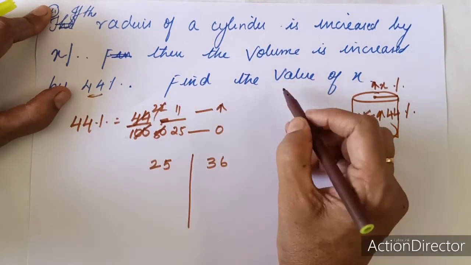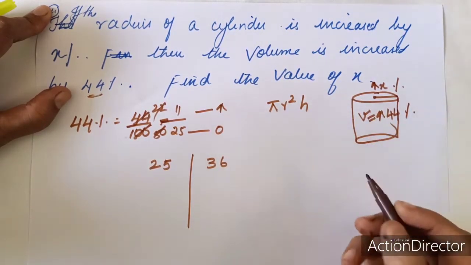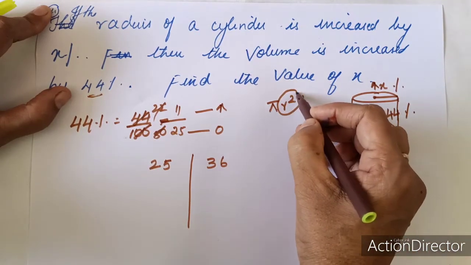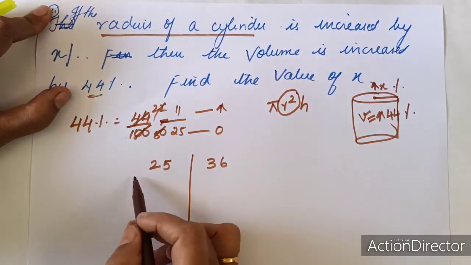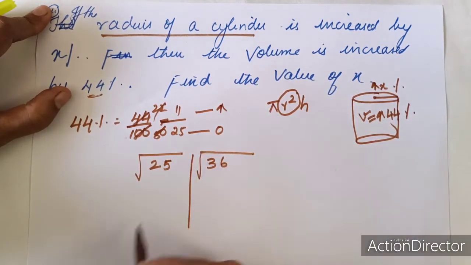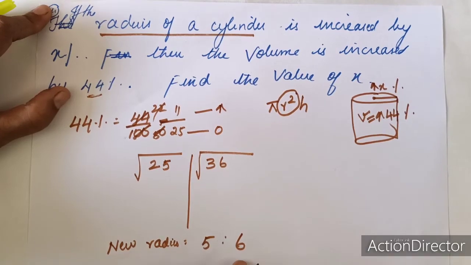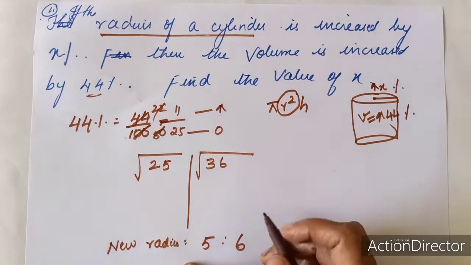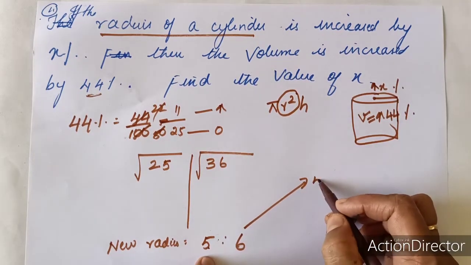But what is the formula for volume of the cylinder? Volume of the cylinder is pi r square h. Since you are having r square, for finding the radius of the cylinder, we have to take the square root. So my new radius ratio will be 5:6.